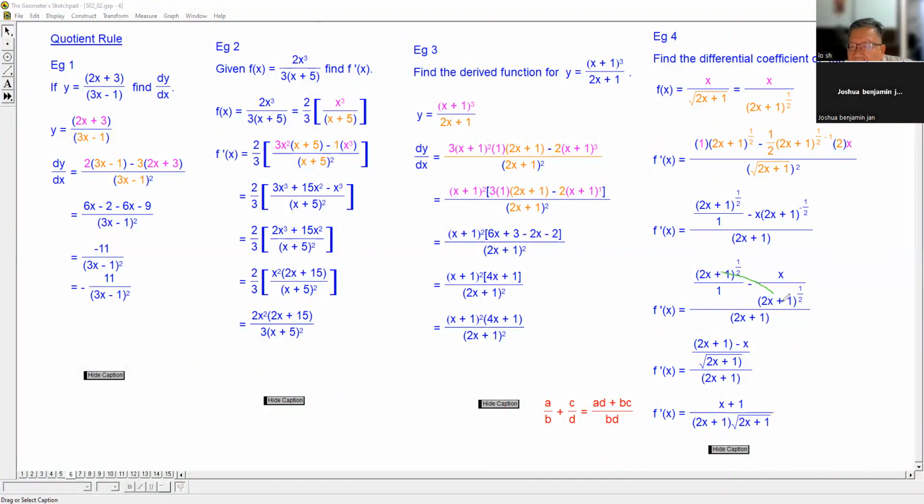The denominator 1 times the 2x plus 1 power 1 over 2.